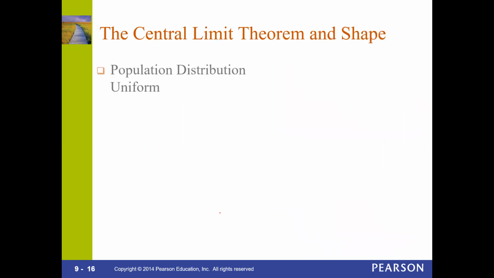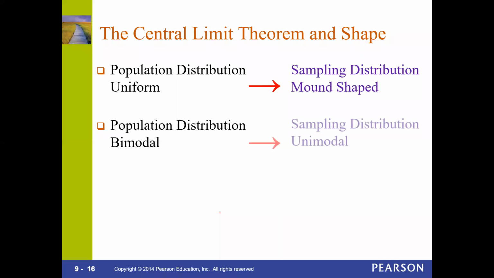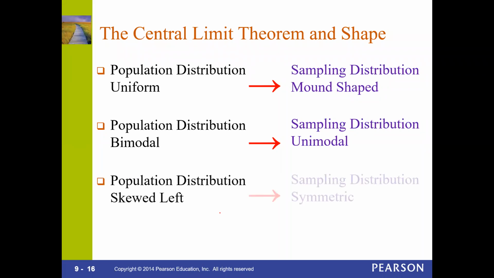The first one says, if you have a population distribution that is uniform, then your sampling distribution will be a mound shape. If you have a population distribution that is binomial, your sampling distribution will be unimodal. If you have a population that is skewed to the left, your sampling distribution will be symmetric.